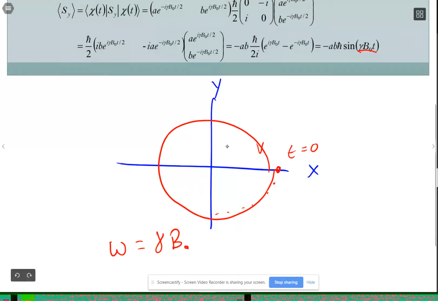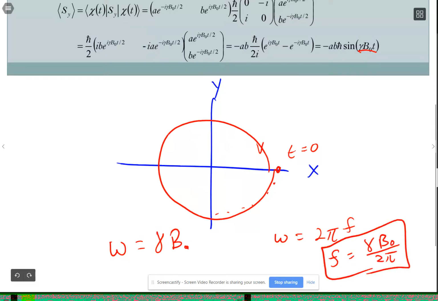So we could have used omega as 2 pi f to solve that f is equal to gamma B0 over 2 pi. And this frequency is called the Larmor frequency, L-A-R-M-O-R, Larmor. And it's the frequency it's going to precess. That frequency depends on gamma, the gyromagnetic ratio, and on B, the strength of the external field.